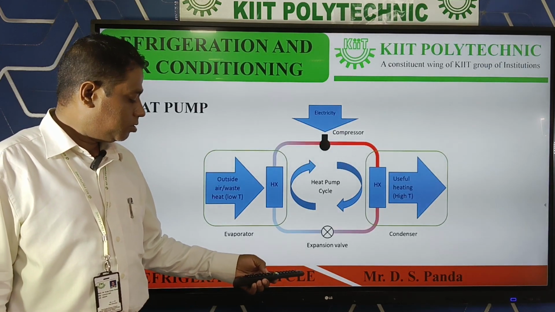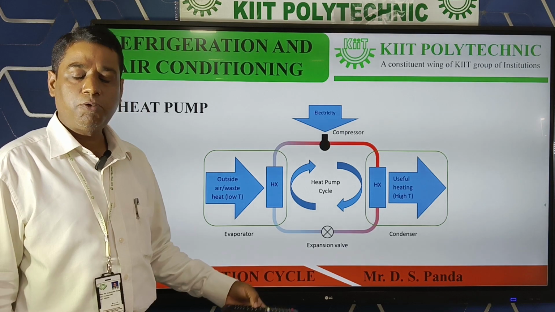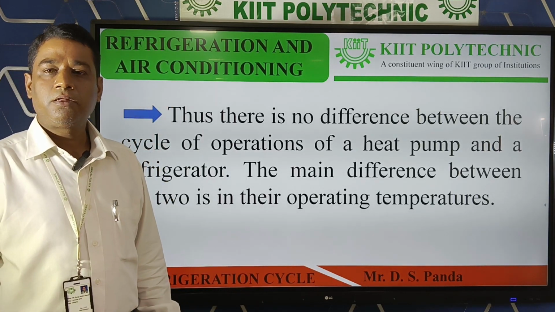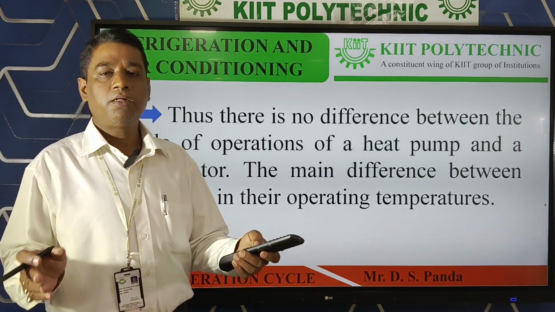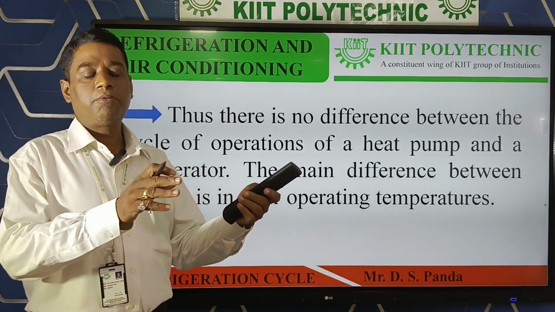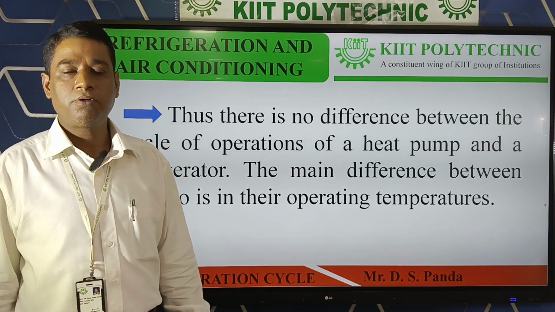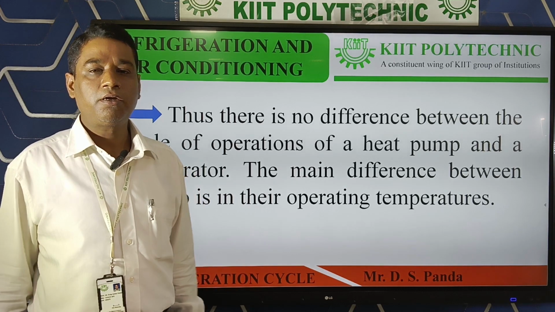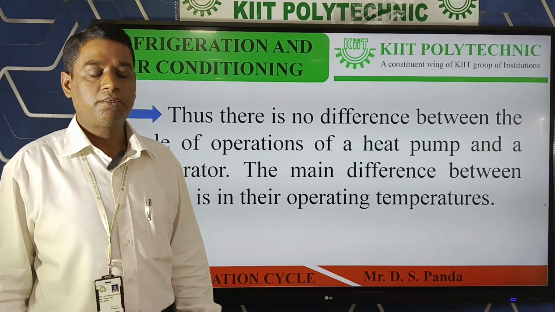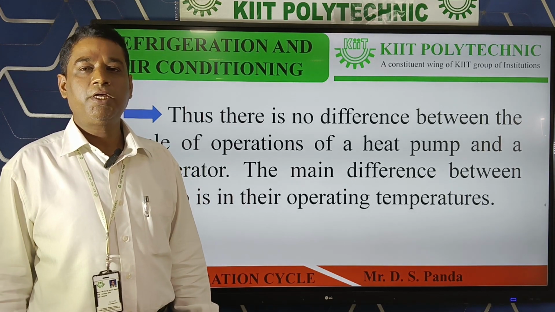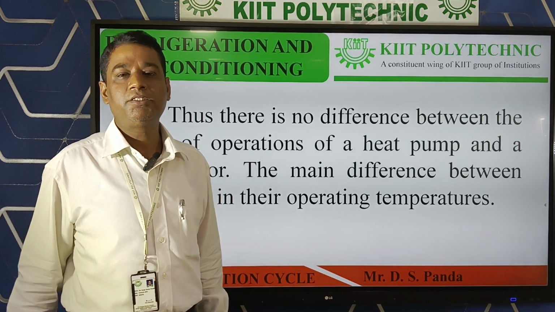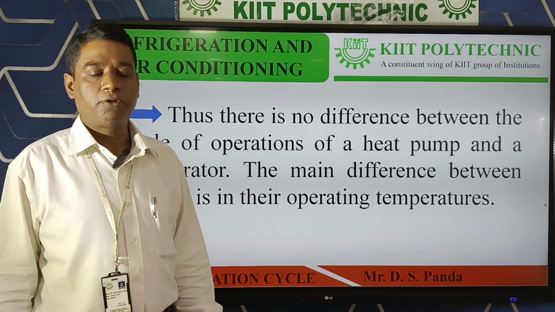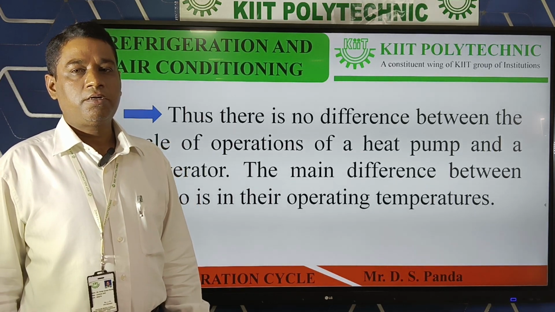If we think about the cycle of operation, there is no difference between the cycle operation of a refrigerator and a heat pump. The only difference is the temperature range at which it is operating. In a refrigerator, the temperature range is smaller, and in a heat pump there is a larger temperature difference.